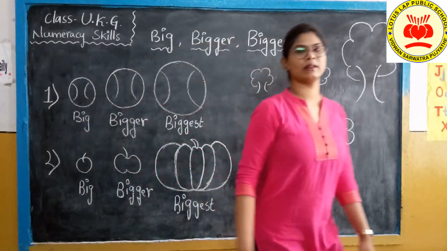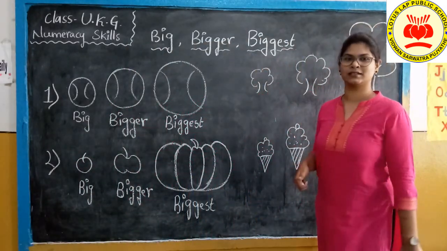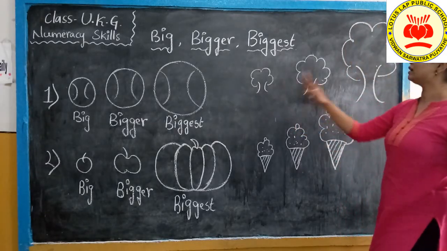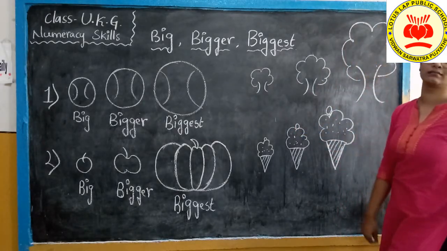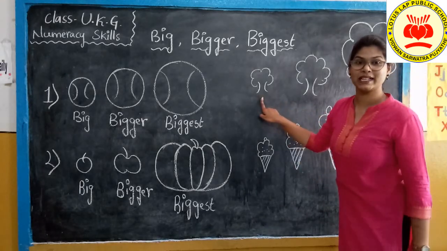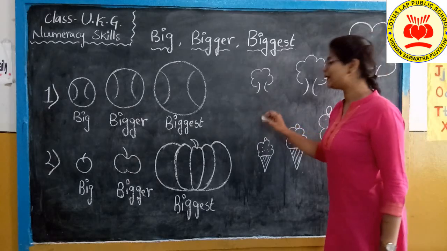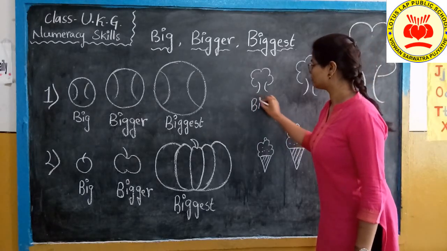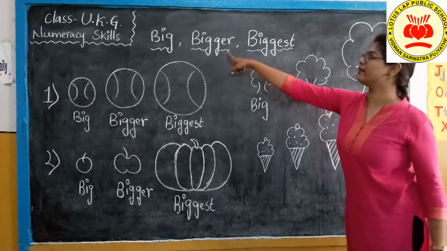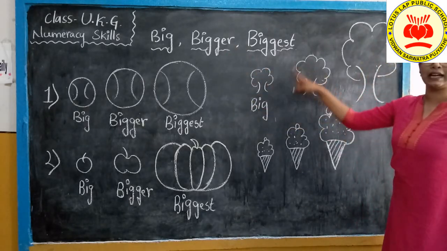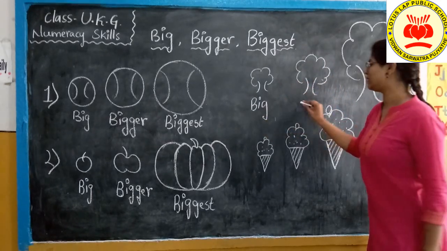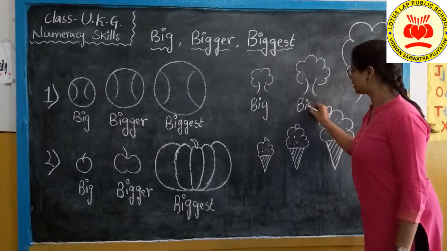Now, will you give it a try? Here we have trees. Tree 1, tree 2, tree 3. Suppose the first comparison is big. Good. After big, what will we say? The second picture is bigger than the first one. Bigger.